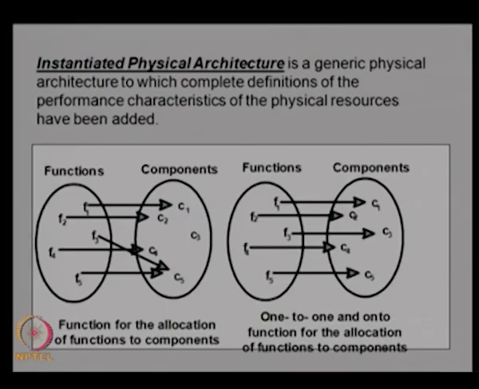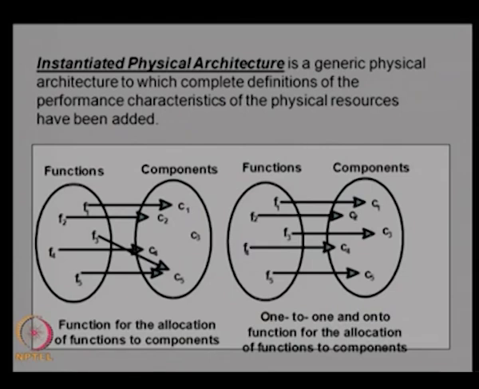So, this can be done by mapping the functions to components and then checking whether the components actually satisfy these functions. We can do different kinds of mapping of functions, known as one-to-one mapping or one-to-many mapping. There are different ways of mapping. This one we will see in detail when we allocate the architecture.